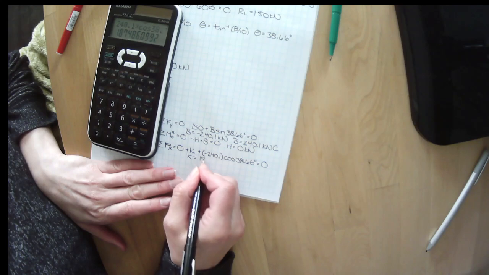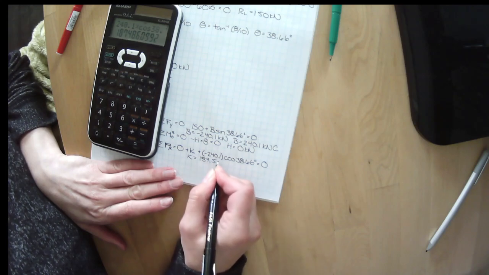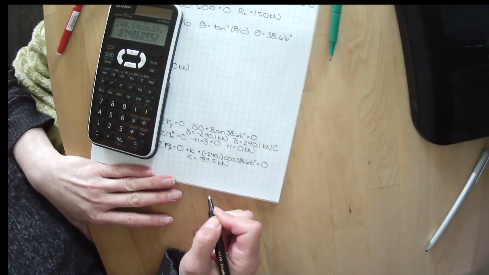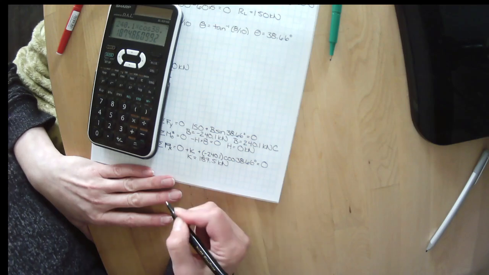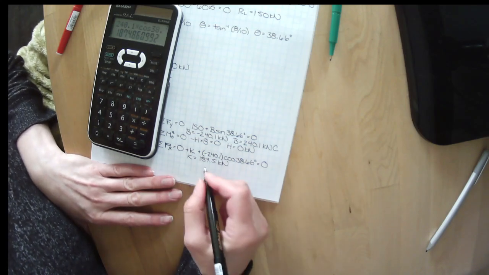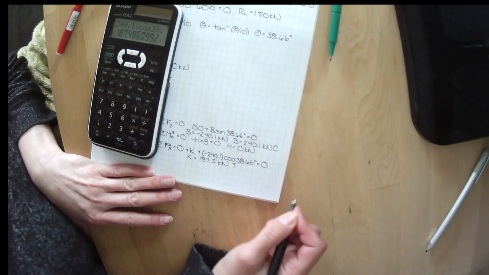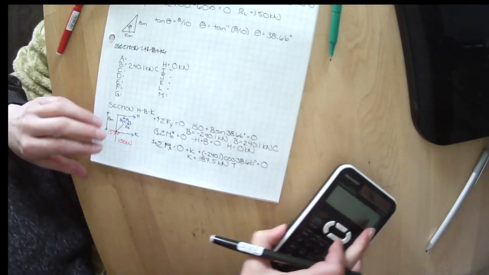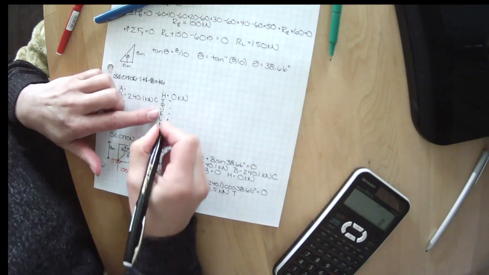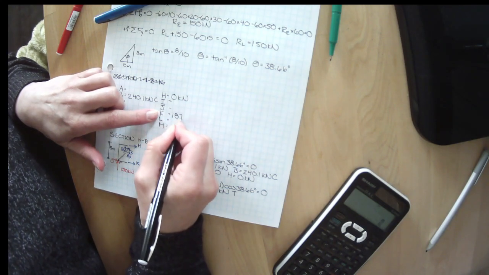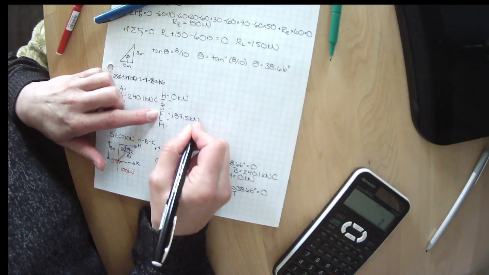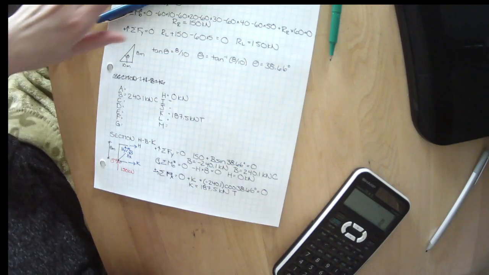K equals 187.5 kilonewtons. It's positive. I guessed it was positive, or I guessed it was in tension. A positive means I'm right, so that's in tension. So K equals 187.5 kilonewtons in tension.